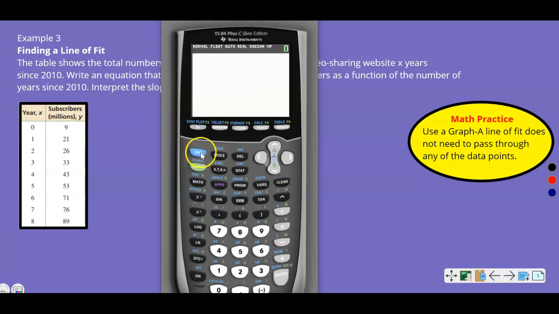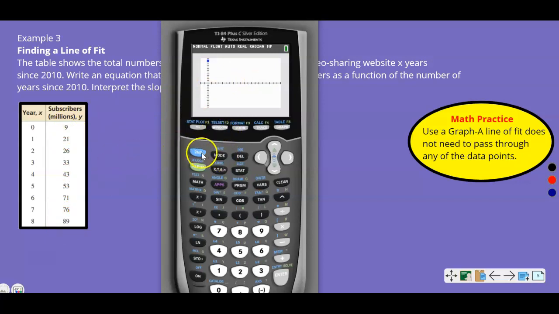Now I can go to my graph. If I go to Graph, I can see one dot here. Why do I only see one dot? Well, the window goes from negative 10 to 10 and up to 20. If I want to see all of my x's, I have to have positive x's out to 8, which I do, but my y's also have to go up past 89.